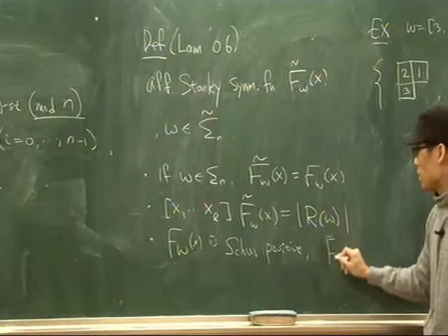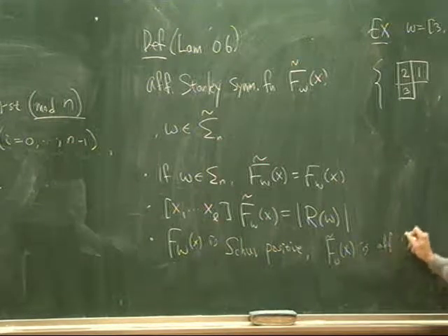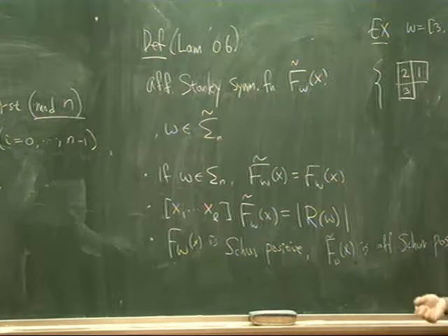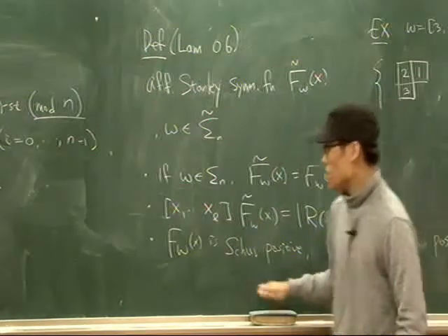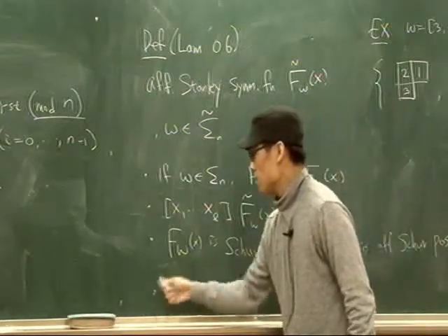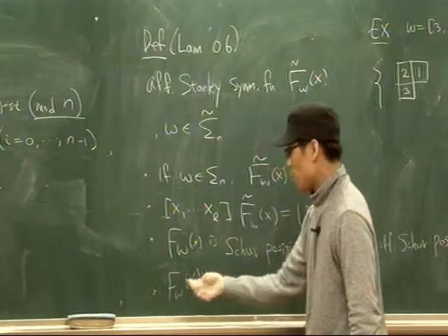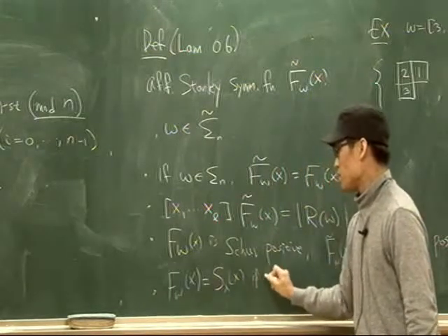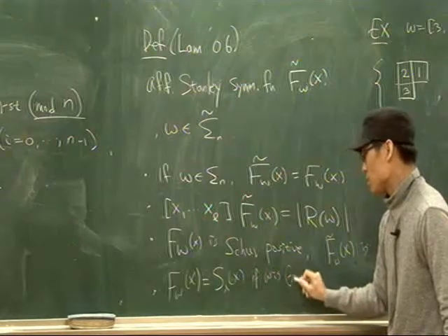And F tilde W is something called affine Schur positive. It's not Schur positive, but it's affine Schur positive. And as I said before, this is the Schur function if W is something called a Grassmannian permutation.